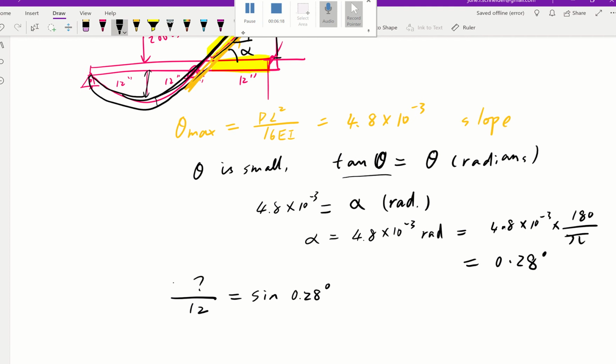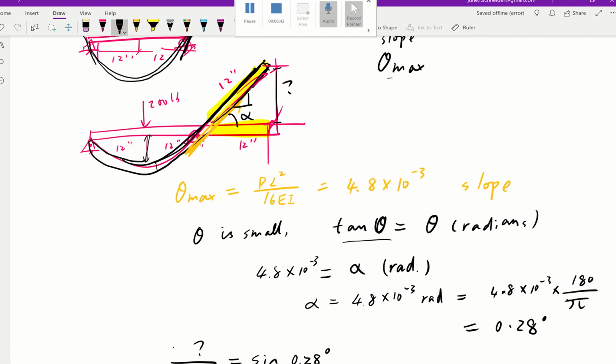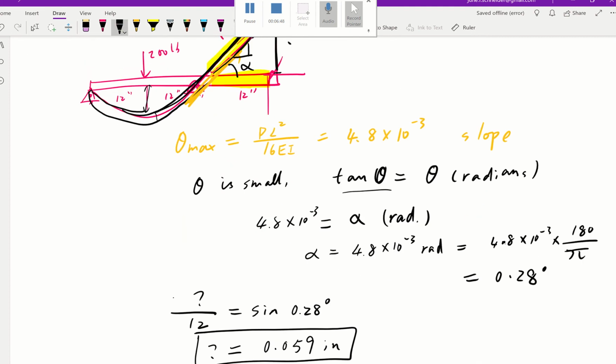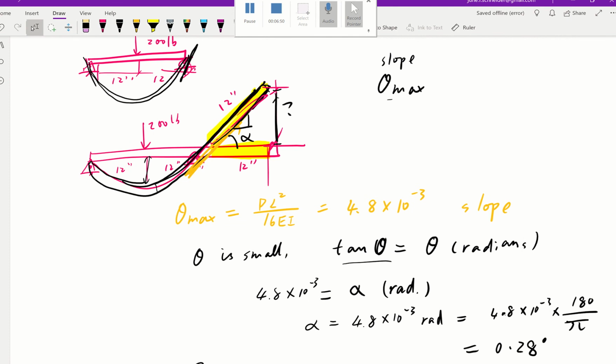So in that situation, you can go ahead and solve for your question mark. So it's 12 times sine 0.28 degree. That will give me an answer of 0.059 inches. So that shows me how much this end is going to go up. It's going to be equal to 0.059 inches.